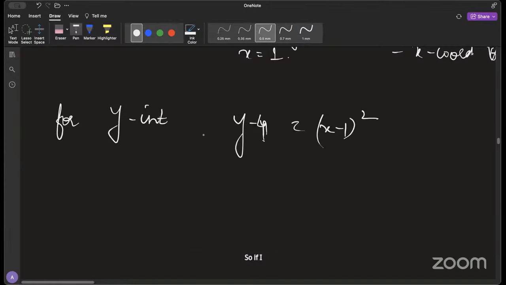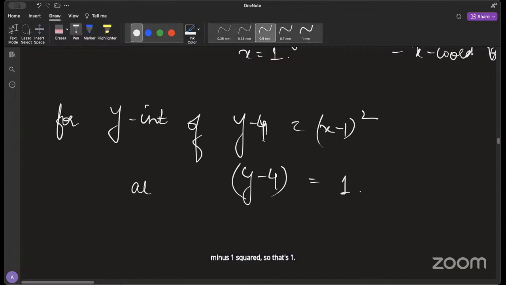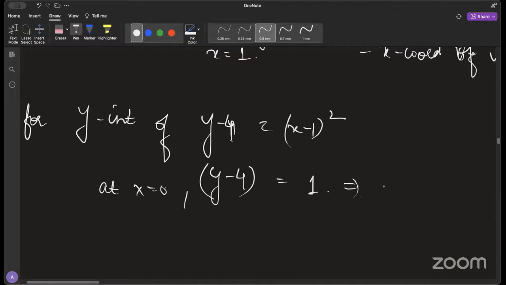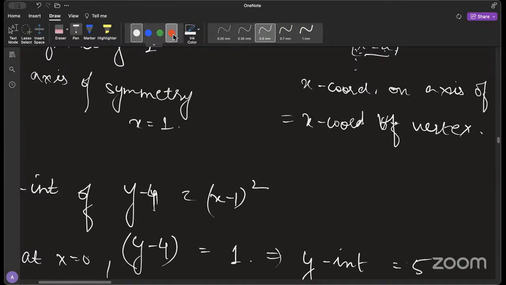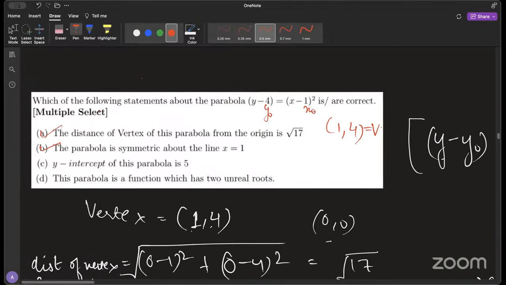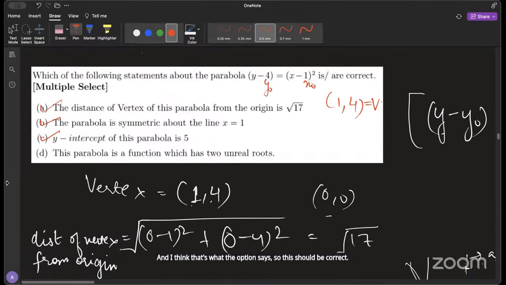So if I put x equals 0, I get y minus 4 equals minus 1 squared, so that's 1. This means the y-intercept is equal to 5. And I think that's what the option says, so this should be correct.